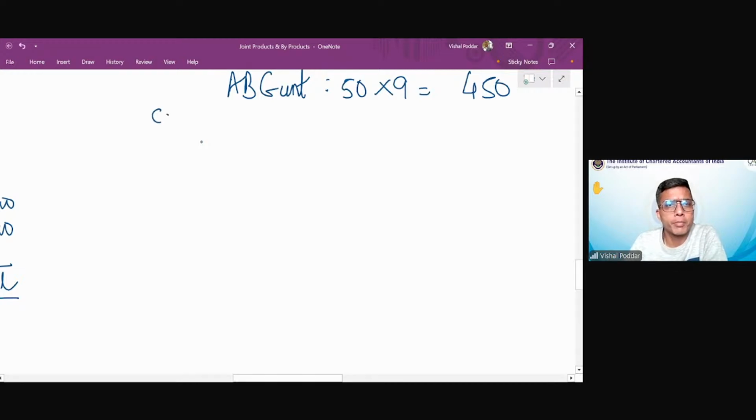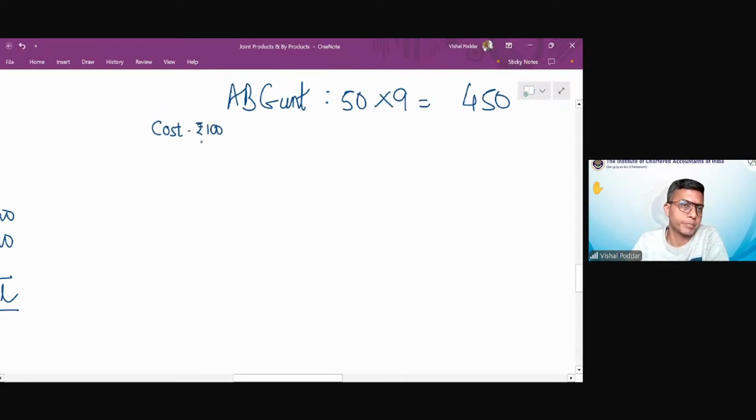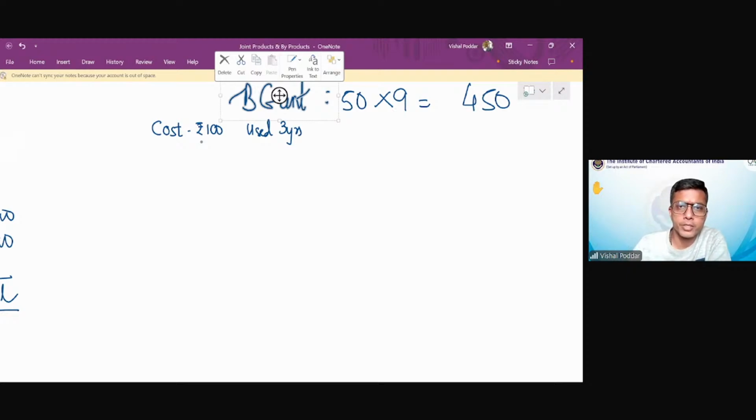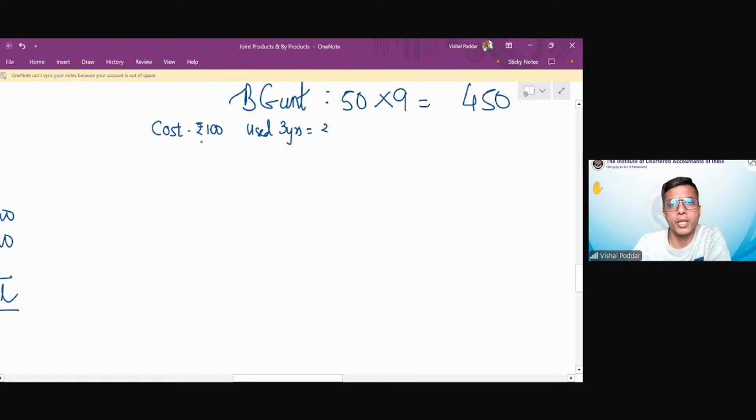I purchase some asset at a cost of rupees 100. Till now, I have used it for 3 years. And during these 3 years, the depreciation which I have claimed as deduction is, let us say, for simplicity, rupees 30.